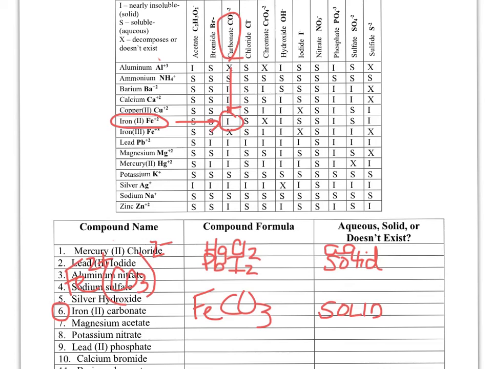All right, so this has been an introduction to the solubility chart. Now, we will eventually use this to figure out, after we have compounds mix in a double replacement reaction, whether the new compounds that are formed are going to be aqueous, meaning that they're dissolved in water, or insoluble, meaning they'll form a solid, a precipitate, that will eventually just sink to the bottom.